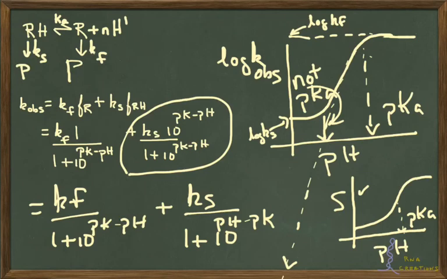The other way you can simplify the math, which I prefer, is this form. It has a common denominator, right? So you could add these two together and just put one of these in the denominator. Then you can clearly see that there's an AB form here, and that one of the terms is multiplied by KF and the other term is multiplied by KS. That's a nice way to think about it.